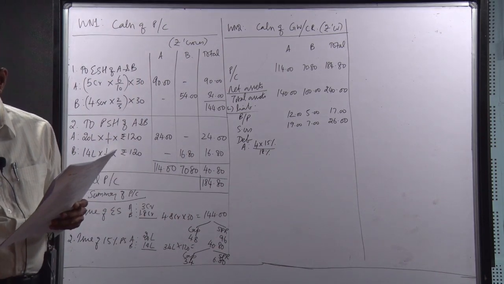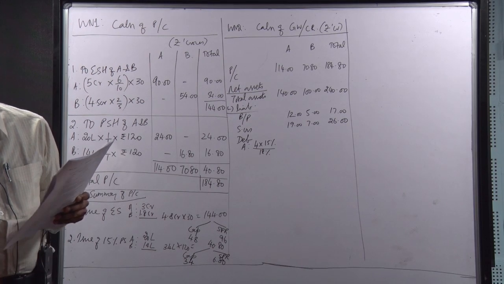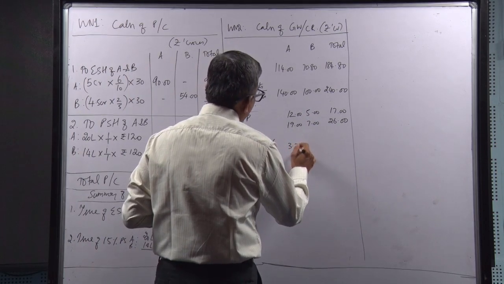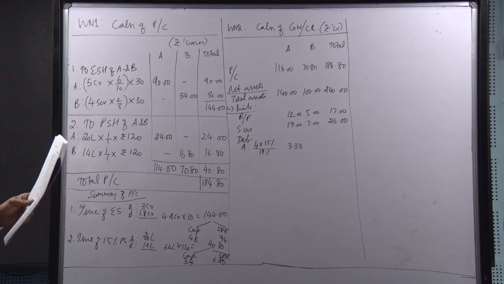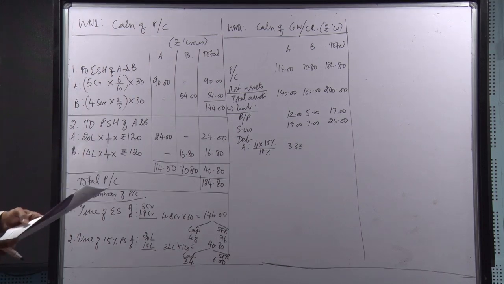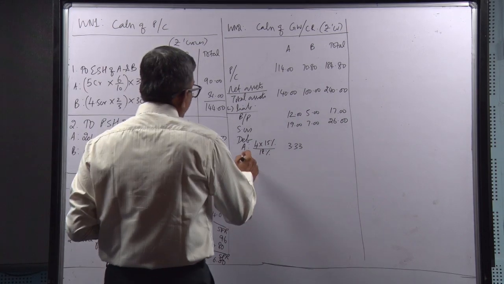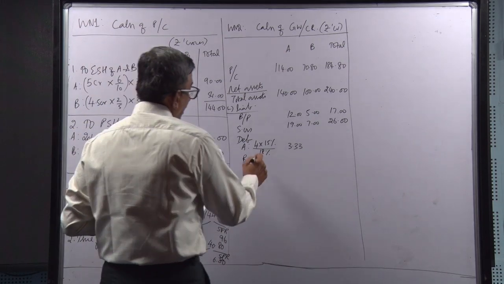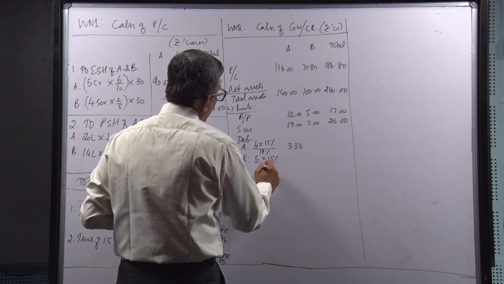So 4 into 15 by 18, they should issue debentures for an amount of 3.33, 3 crores 33 lakhs 33,000 and odd. For that value, debentures should be issued by C Limited to A Limited. What about B? In B Limited, it is 5 crores into 15% divided by 18%.